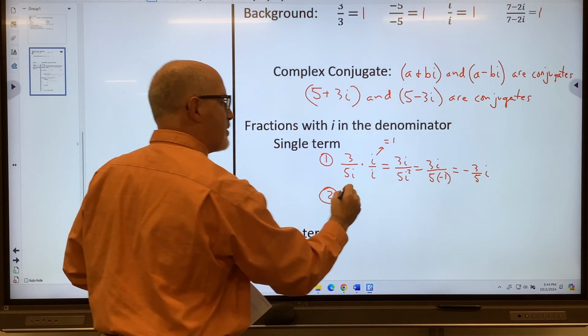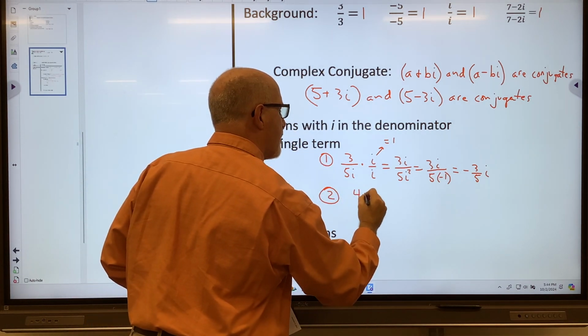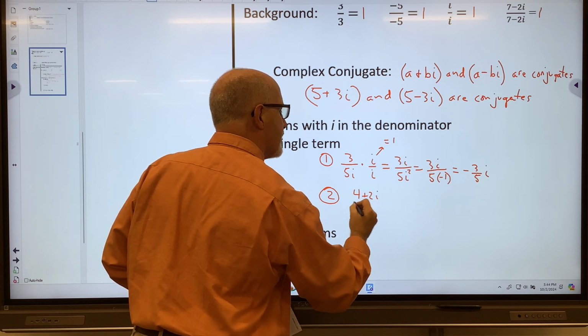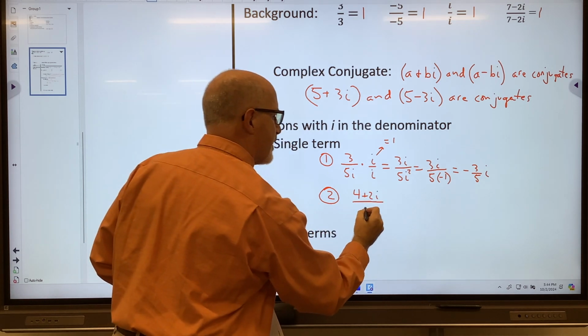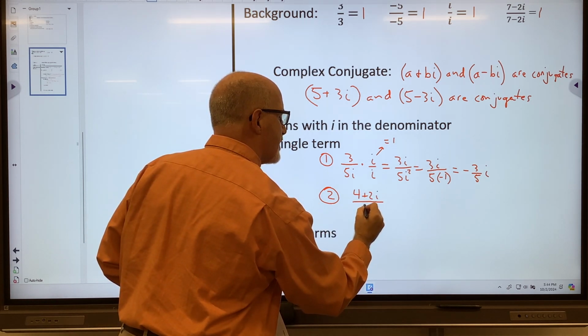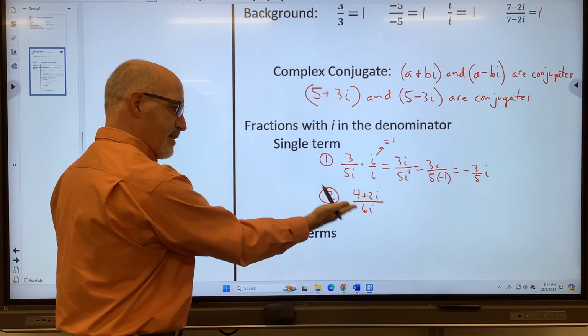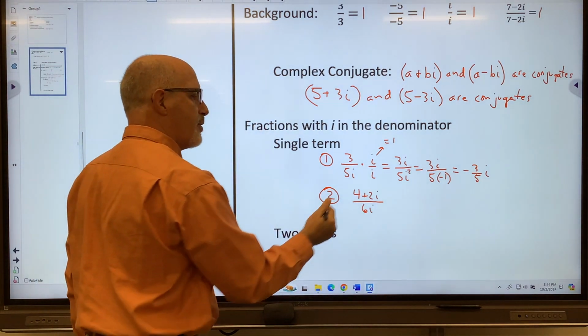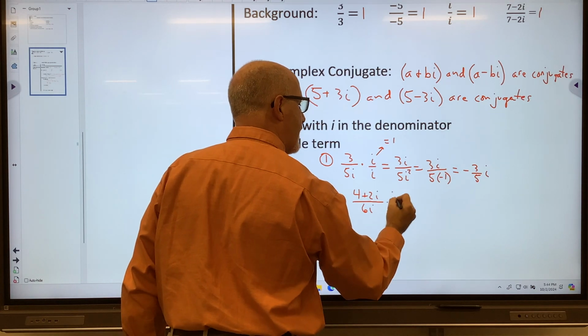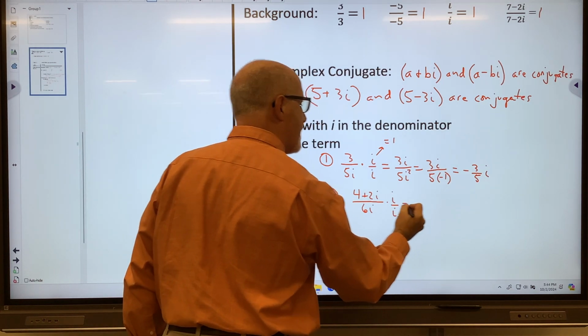Let's do (4 + 2i) over 6i. If there's a single term in the denominator, you multiply by i over i, which is equal to 1.